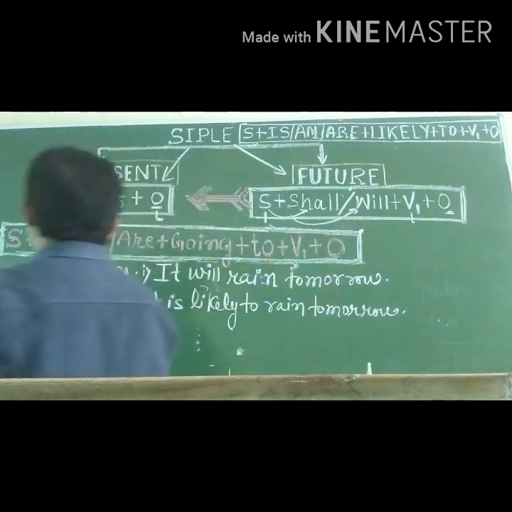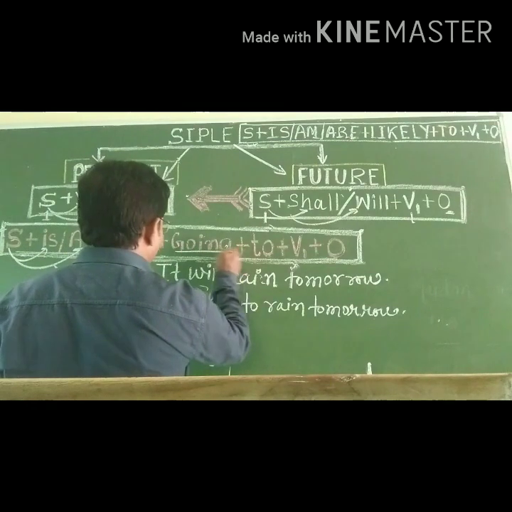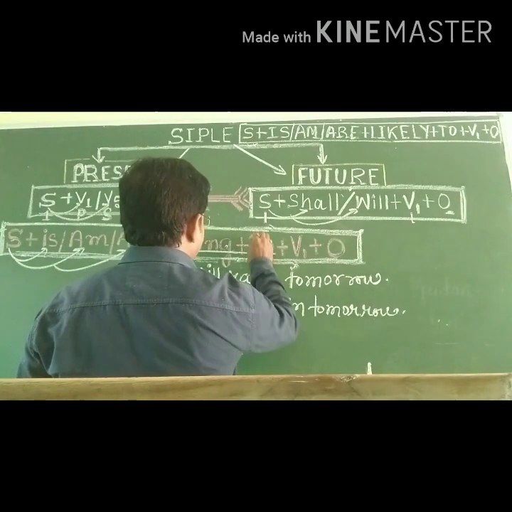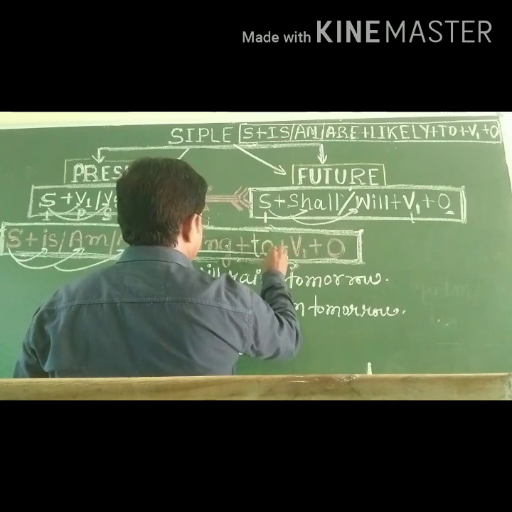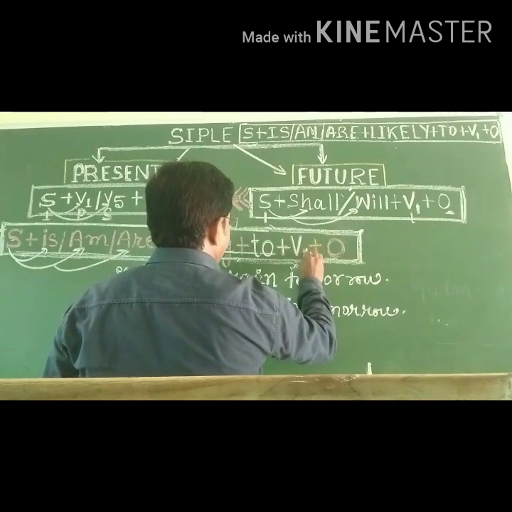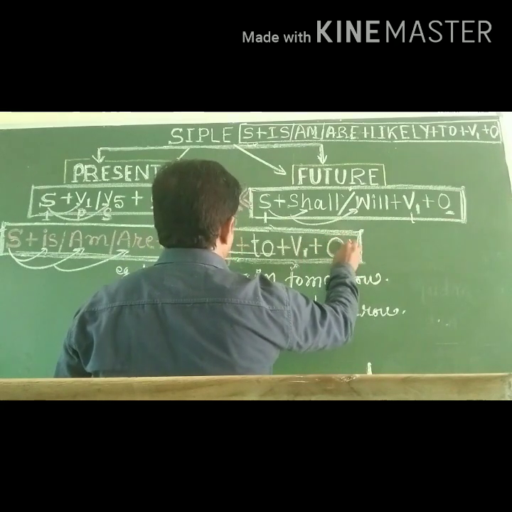According to the subject we will use is, am, and are. And going to is common in all the sentences. Then V1 will be followed after going to. Then at last, the object will be there.